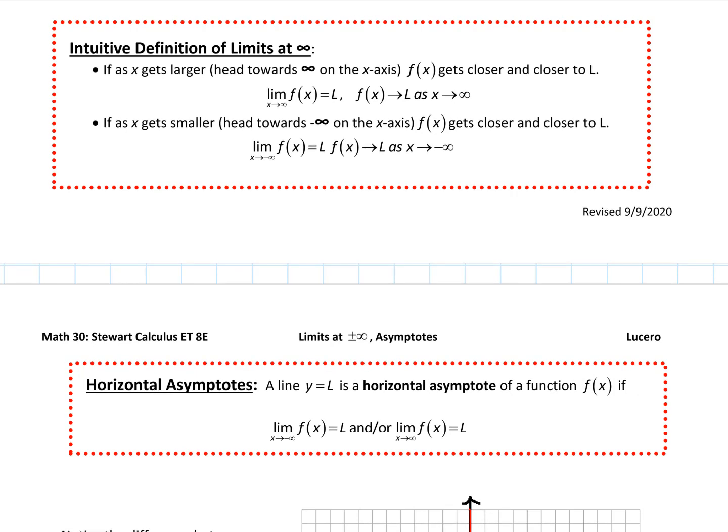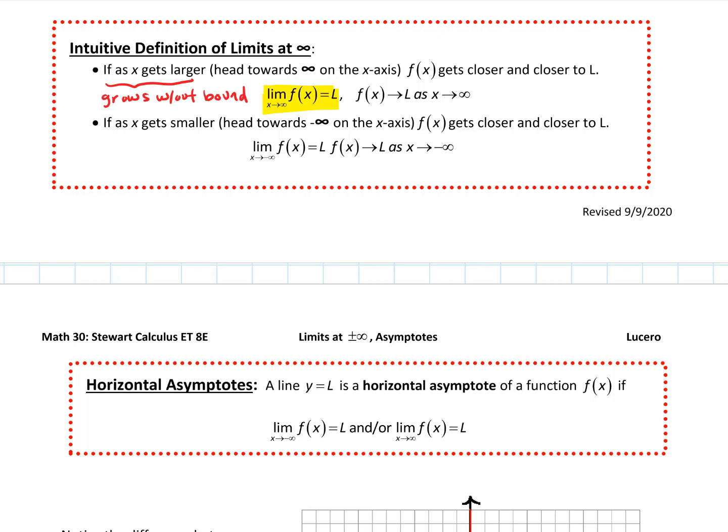So the intuitive definition: as x gets large, meaning it heads towards infinity, as it grows without bound, if f of x gets closer and closer to L, then we say that the limit of f of x as x approaches infinity is equal to L. So that's our intuitive definition.